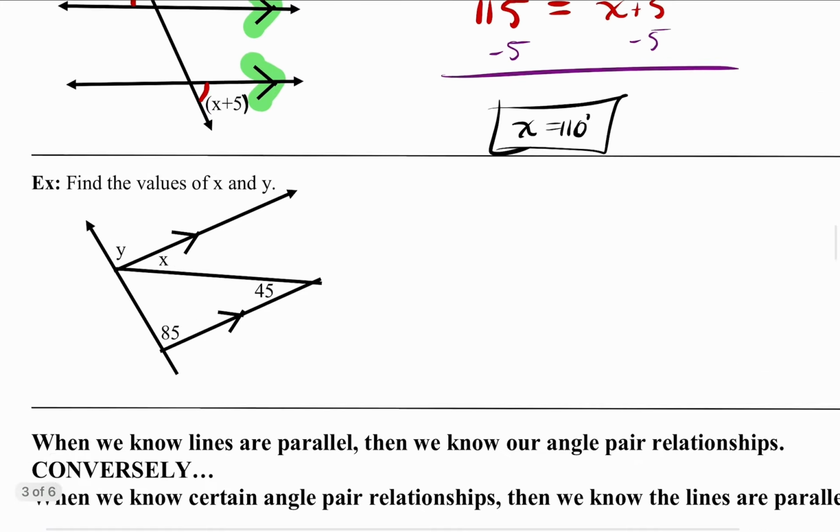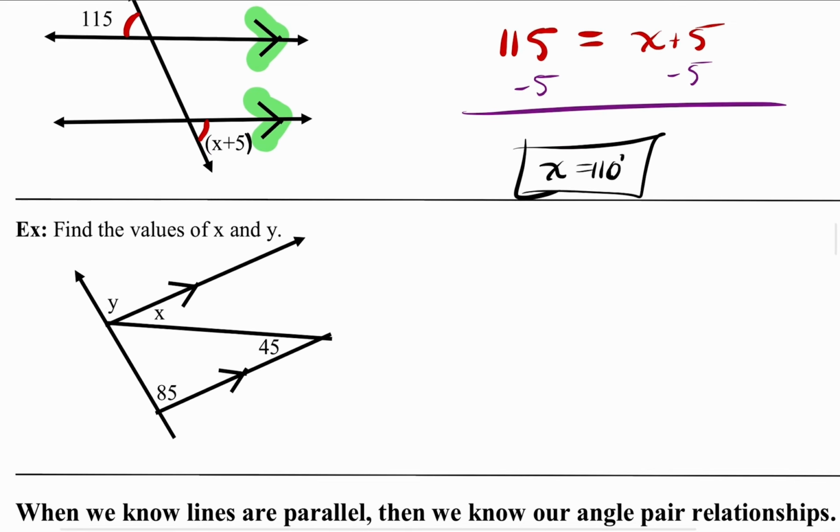Here we have a little bit more complexity. I have, again, parallel lines. Always check: do we have parallel lines? Yes, we do. That means we know all of the information that I just talked about, congruence and supplementary. Now, let's look for some relationships here.